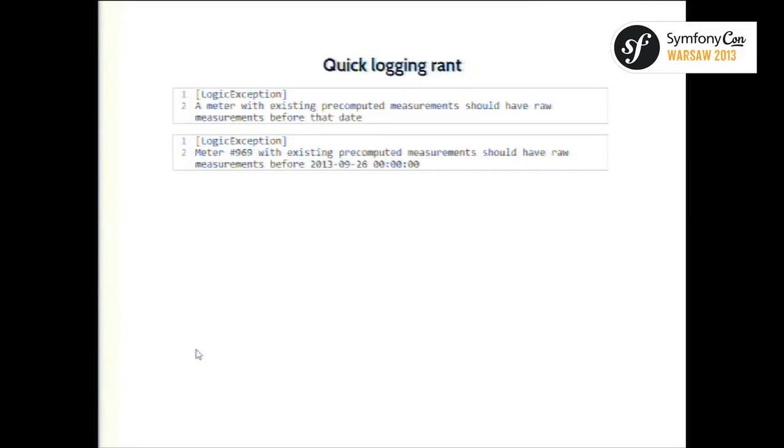It just said a meter with existing pre-computed measurement should have raw measurements before that date. And you're like, okay, I know what this means, but which meter was it? So I ended up fixing the code and rerunning it, and then I could finally debug what was going on. So really, try to think of that when you throw exceptions: attach enough information so that they are actually meaningful.